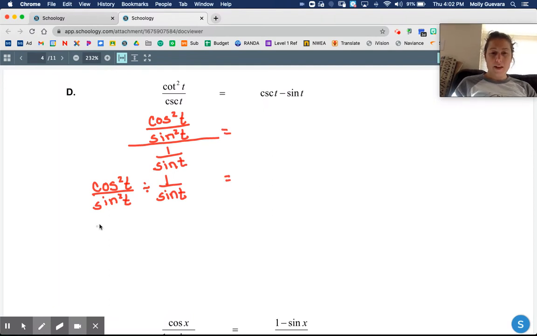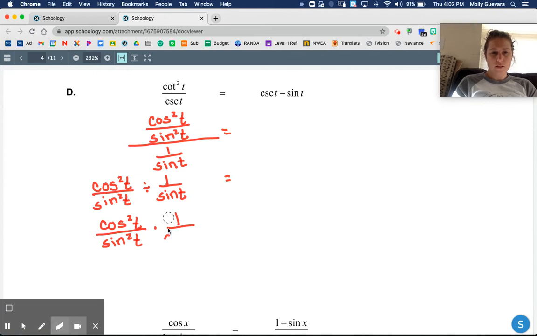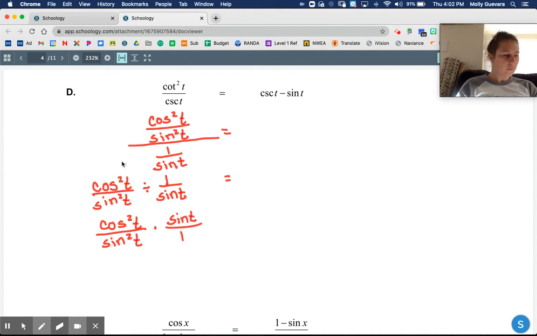Because then I can see, oh, I need to copy, dot, flip. So I copy cosine squared of t over sine squared of t times, oops, sorry, I didn't take the reciprocal, sine of t over 1. So one of my sines can cancel. So I'm left with cosine squared of t over sine of t.